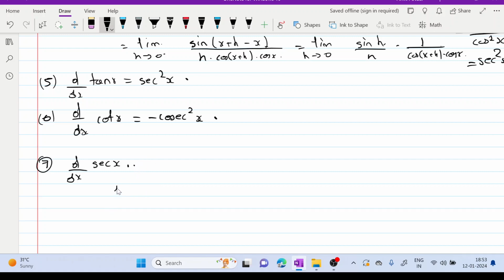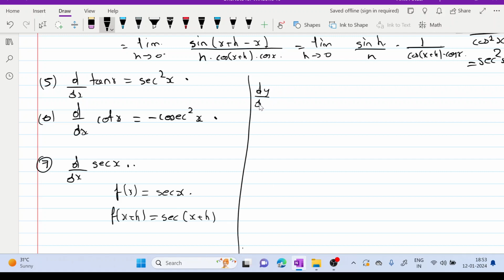So let f of x is equal to sec x, f of x plus h is equal to sec of x plus h. So dy by dx is equal to limit as h tends to 0.